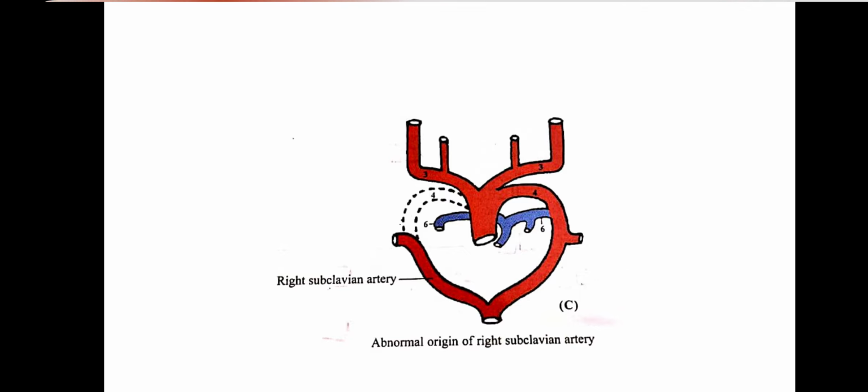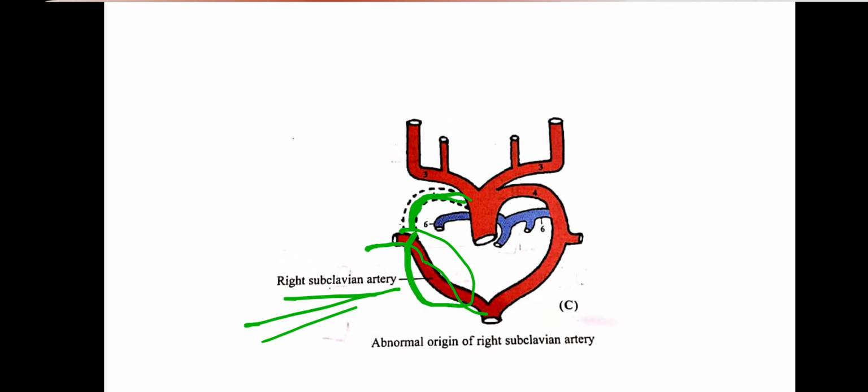Another common variation is the abnormal origin of the right subclavian artery. As we all know, the right subclavian artery has its origin from the fourth arterial arch. Now, if the fourth arterial arch regresses and instead the right dorsal aorta persists, the right dorsal aorta along with the right seventh intersegmental artery forms the right subclavian artery.